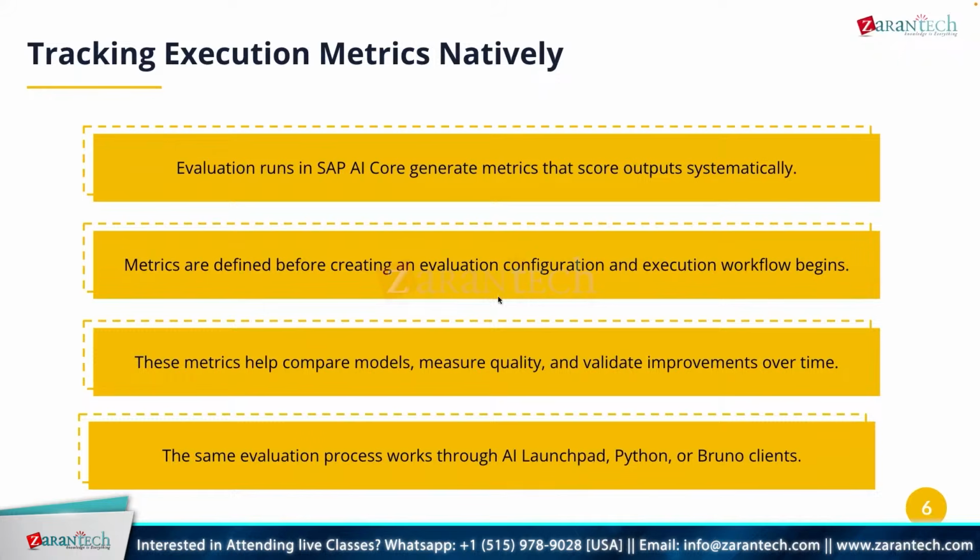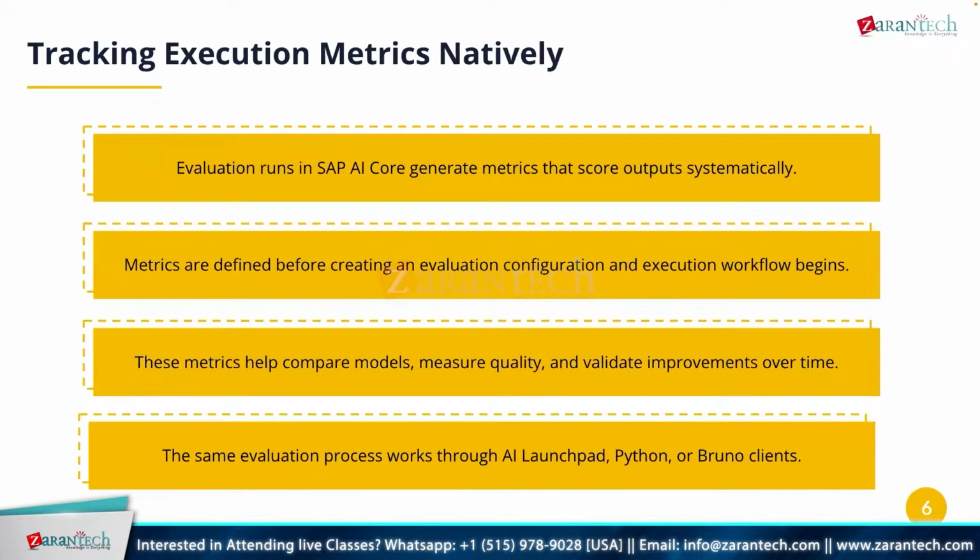So how this native tracking works is, the moment you trigger a job, that means the training or inference in AI Core, AI Core automatically records the execution metadata, execution logs, status updates, and all these things. So SAP AI Launchpad fetches and displays this data, which means no manual instrumentation is required for basic tracking.